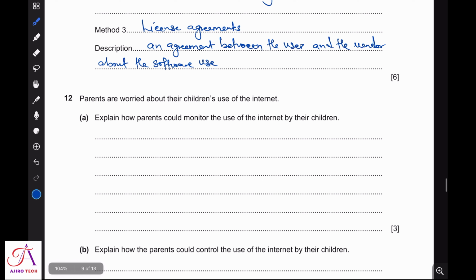Parents are worried about their children's use of the internet. They should be, right? Explain how parents could monitor the use of the internet by their children. Now, this is chapter 10, communications.